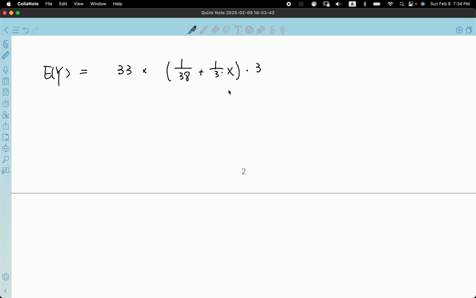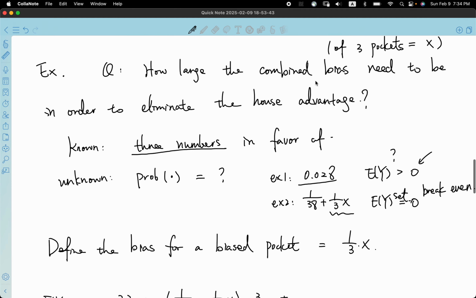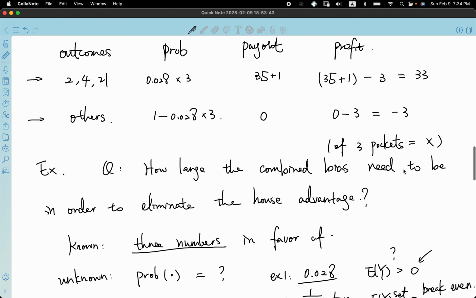Simplifying, this is 3/38 plus x. That is the probability for getting the 3 biased pockets, and x refers to the combined bias for the 3 pockets. Now the profit for getting the remaining numbers is just -3.